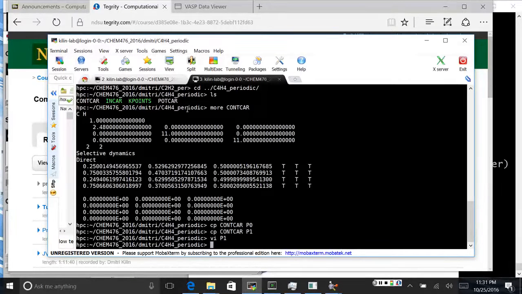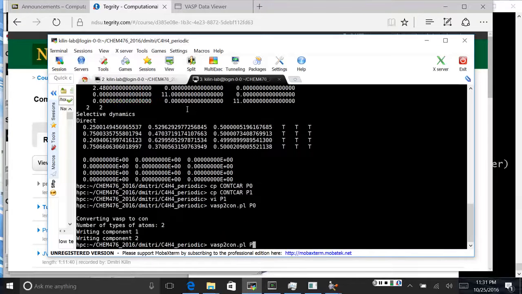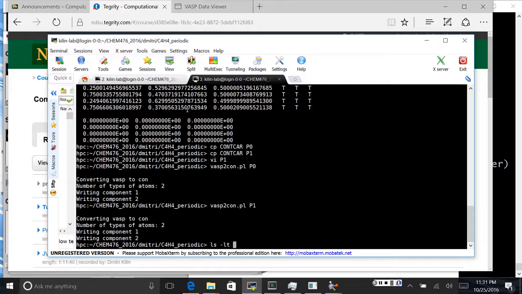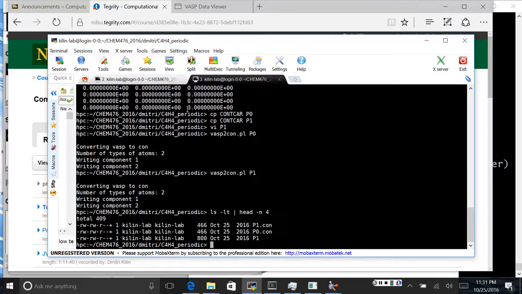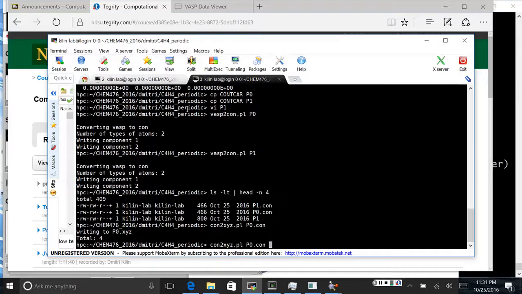Now, there are codes to convert VASP format back into XYZ. vasp to con P0, vasp to con P1. So it creates format.con that we can further process into XYZ. con to xyz P0, P1.